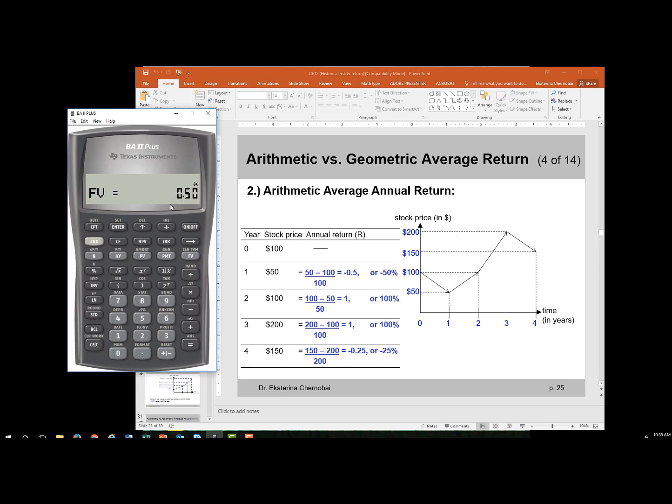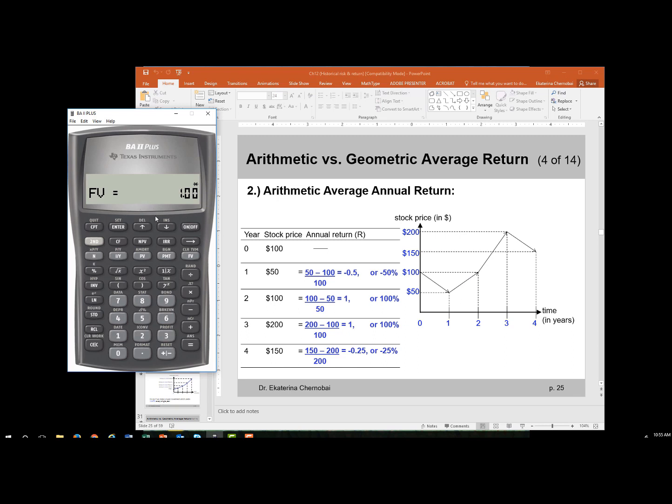Now, this is the PV for the second year. Change it to negative, hit PV, 1 year later, so 1N, with the return of 100%, so 100 IY, what will the future value be? Compute FV. We have $1, right? And that's what we had. We are going back to where we started at the end of year 2.